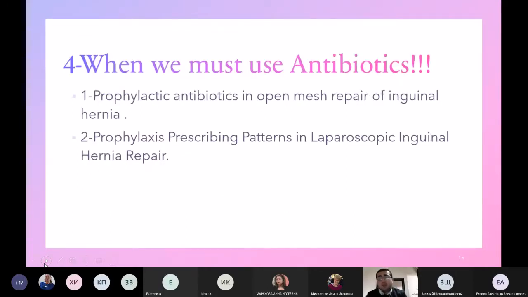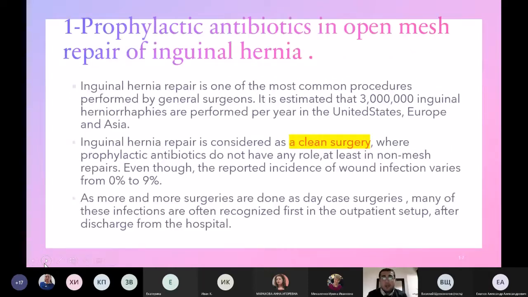When must we use antibiotics? There are a lot of clinical trials all over the world which assess prophylactic antibiotics in open mesh repair, like the laparoscopic inguinal hernia repair.